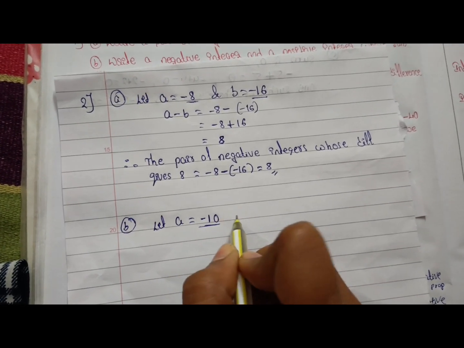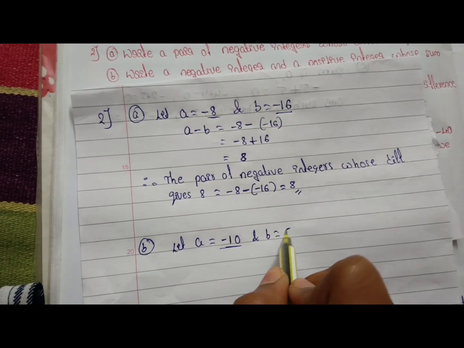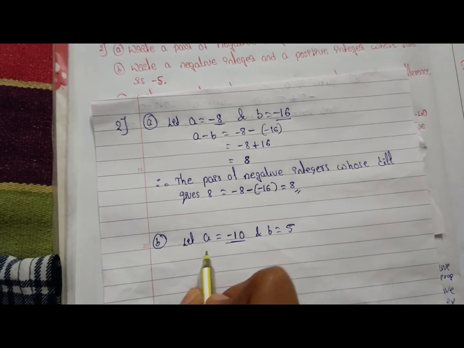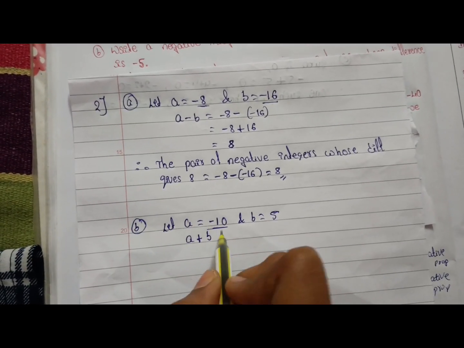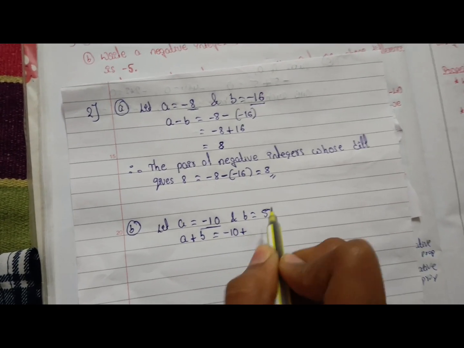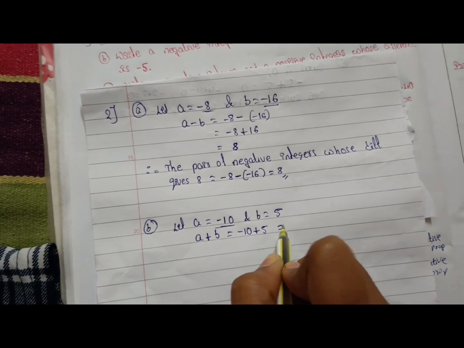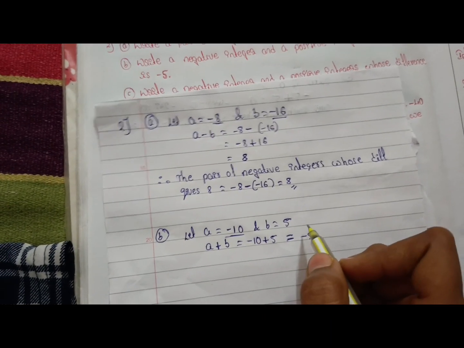Minus 10 is a negative integer. And b is equal to a positive integer, that is 5. 5 is a positive integer. So we have to add these two integers. A plus b is equal to, a means minus 10 plus b means 5. Minus 10 plus 5, we will get minus 5.